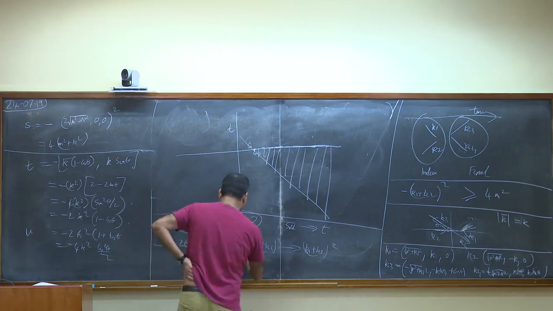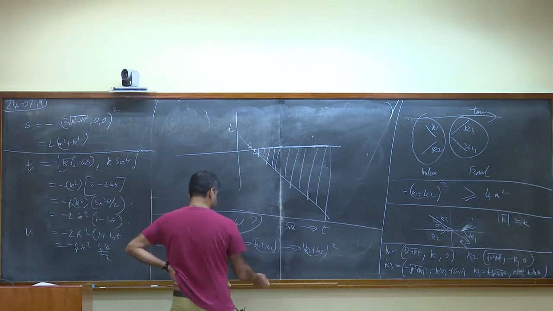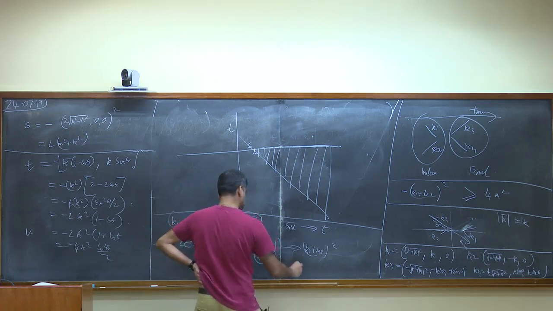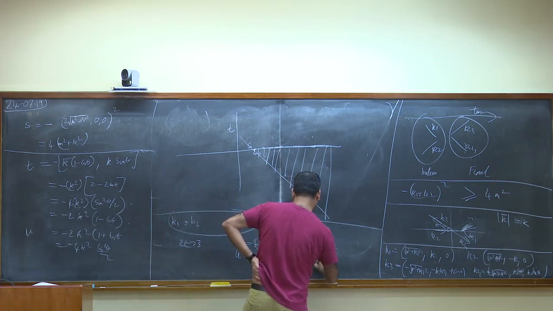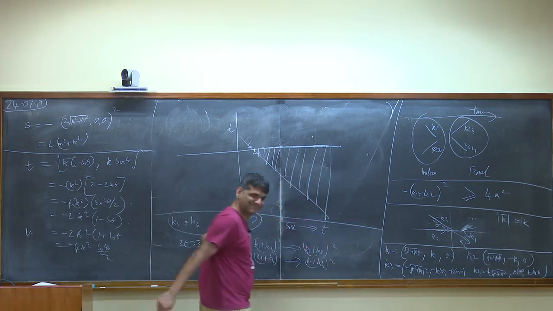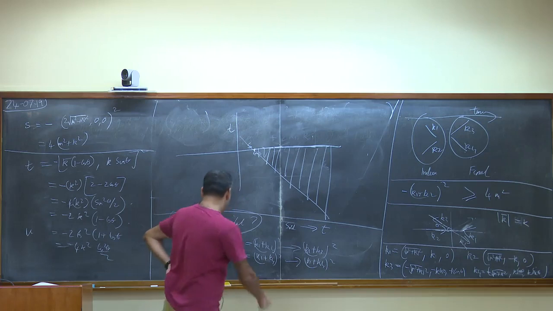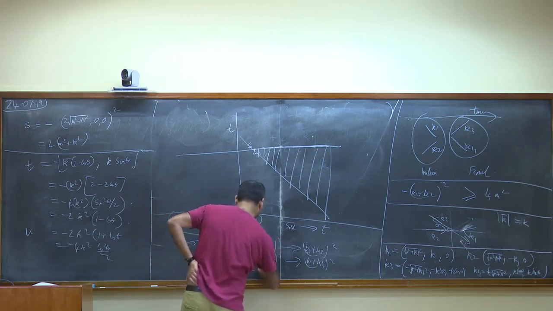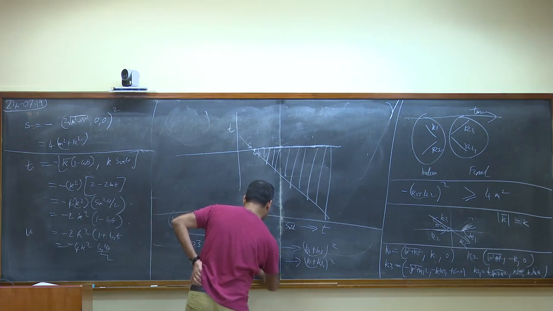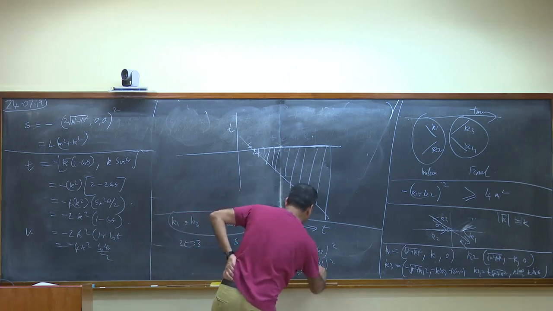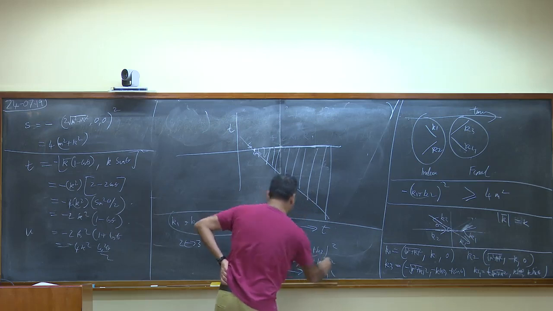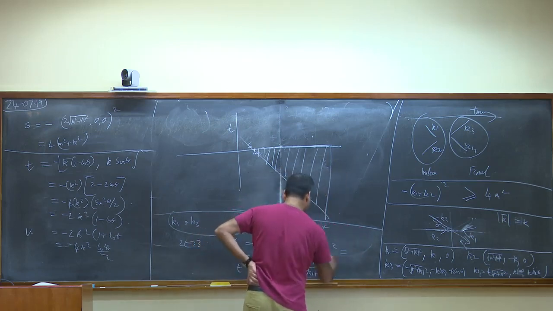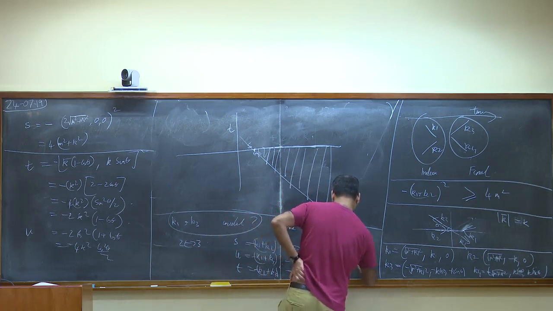What was U remains U. But what was T became S. So this is equal to T, this is equal to U, this is equal to S.